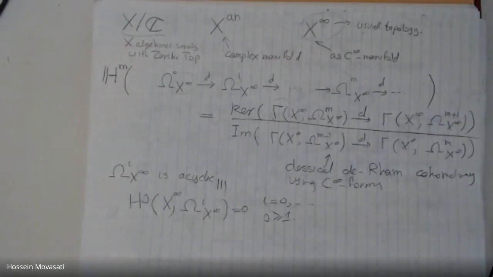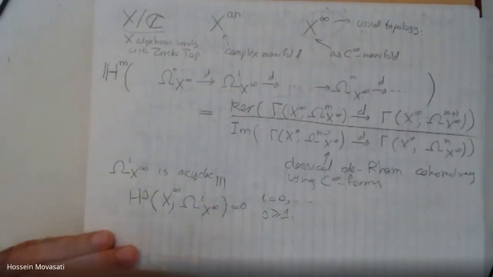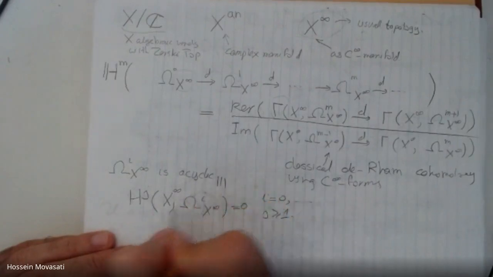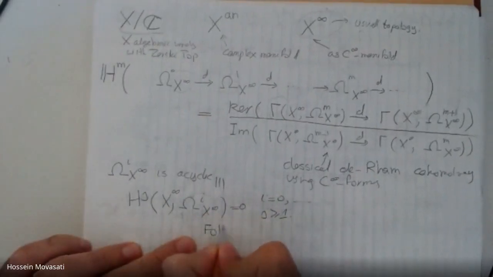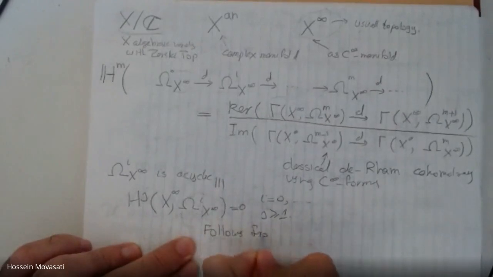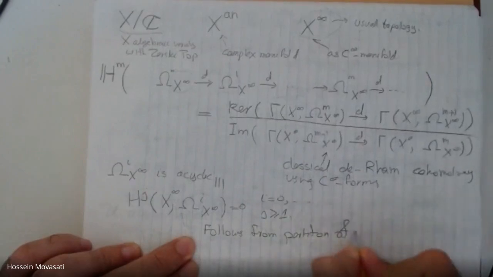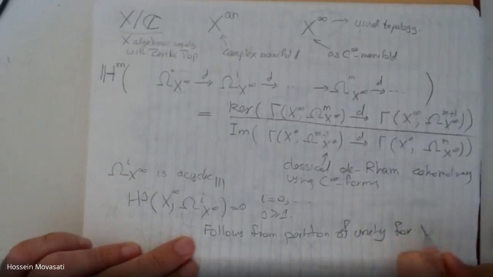One of the things that one usually learns in algebraic topology is that the sheaf of C infinity differential forms does not have any non-trivial Čech cohomology. And actually this follows from partition of unity for X infinity.